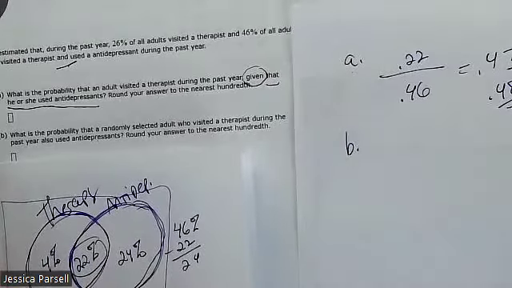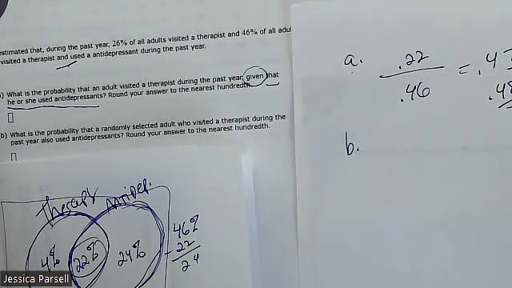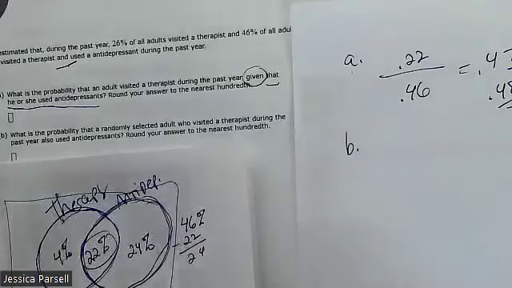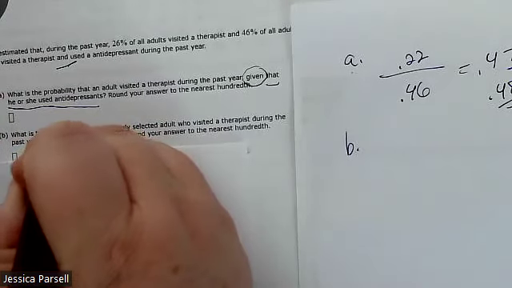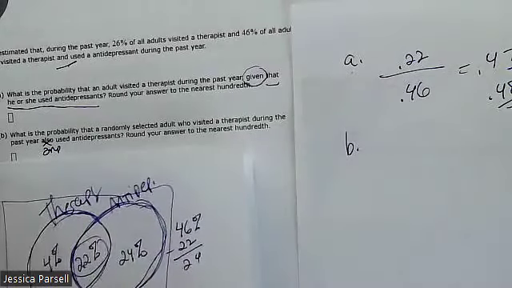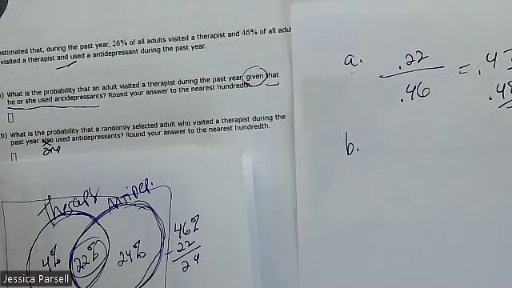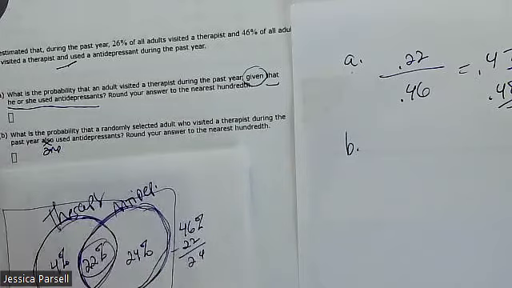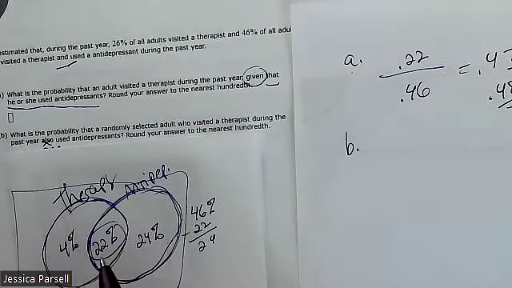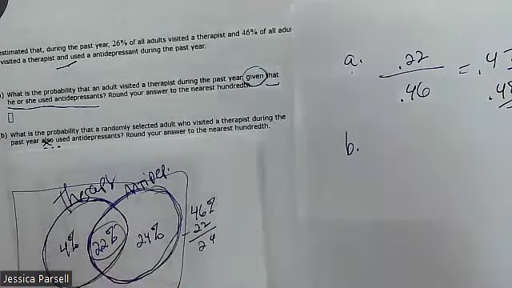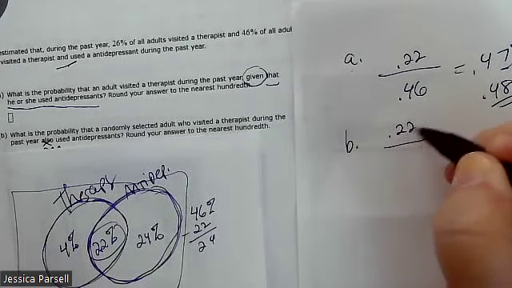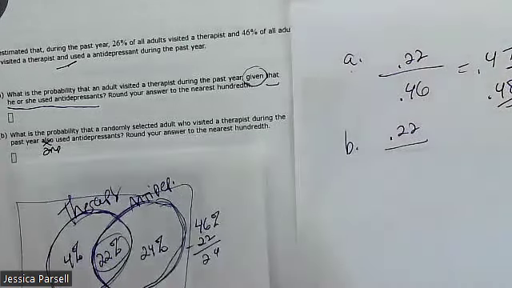The probability that a randomly selected adult visited a therapist during the past year also, and I'm going to cross this out and put "and used antidepressants." So "and" means that there's an overlap. We know the "and" happens right here with the 22%. So that's going to be my numerator, 0.22.